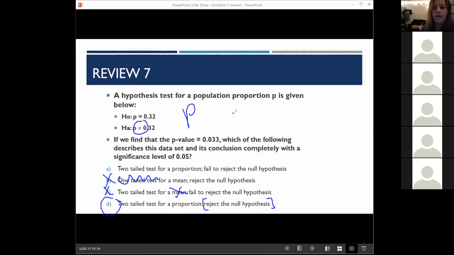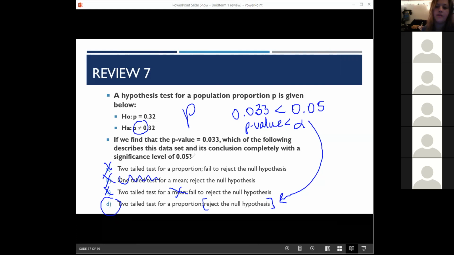Here, our p-value, 0.033, is less than our alpha, which is 0.05. So p-value is less than alpha. So in this case, we can reject the null hypothesis. That is why A is not correct, because we're not failing to reject. We are going to reject it. So D is the only one where all the parts of it are correct.